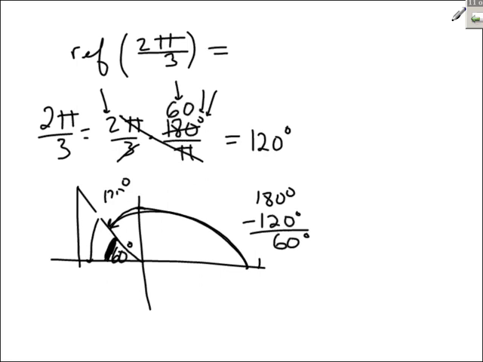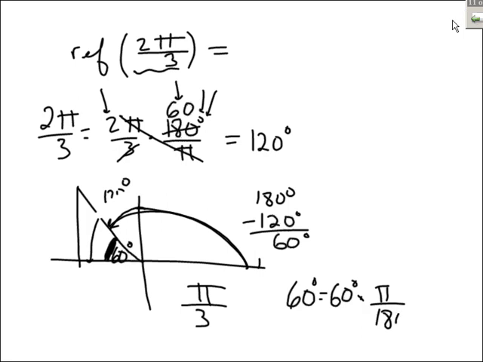But since we're given it in radians, we have to respond in radians. Again, you can say 180 divided by 3 is 60 degrees. Or you can say 60 degrees is equal to itself times 1, pi radians over 180 degrees.